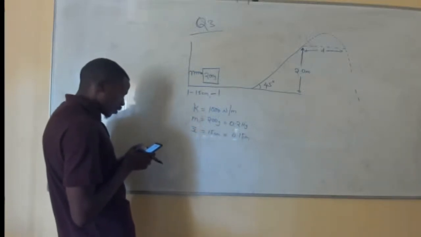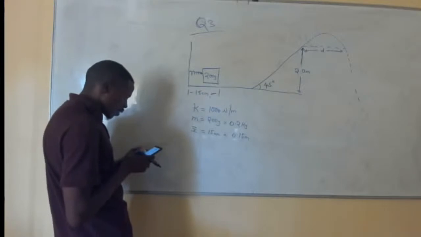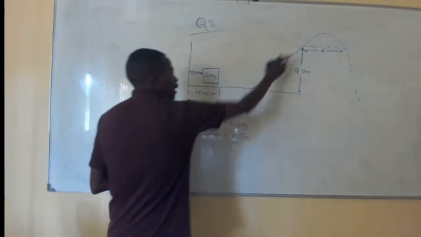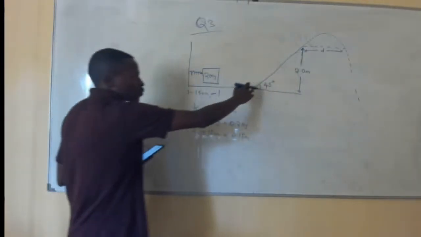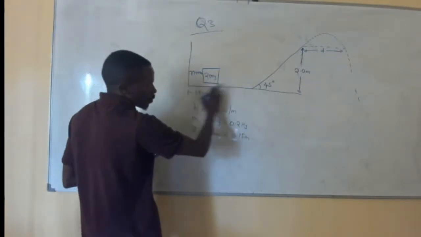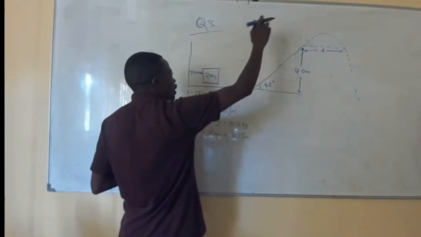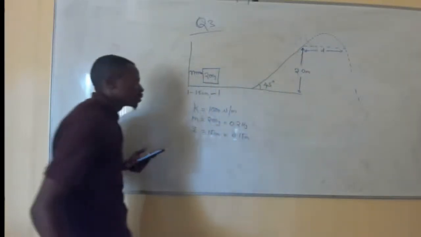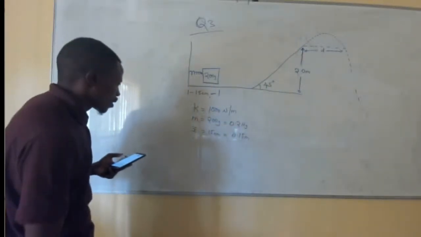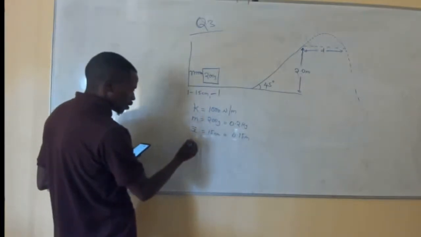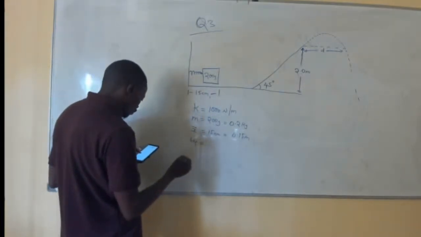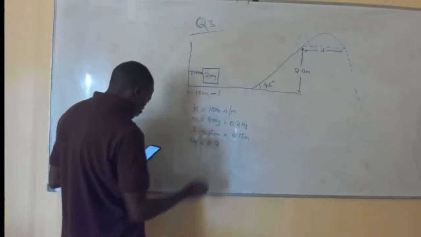Then we've been given the coefficient of kinetic friction of the incline. Our horizontal surface is frictionless up to that point, but as the block moves up the incline, it has friction, with a coefficient mu equal to 0.2.